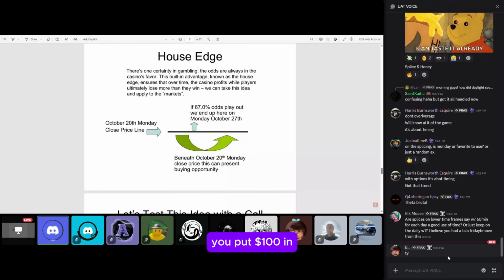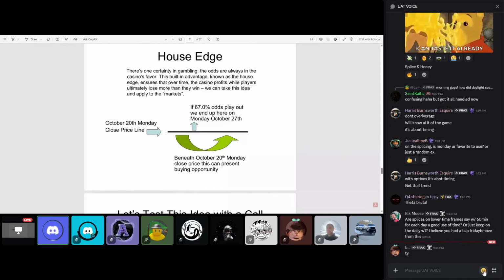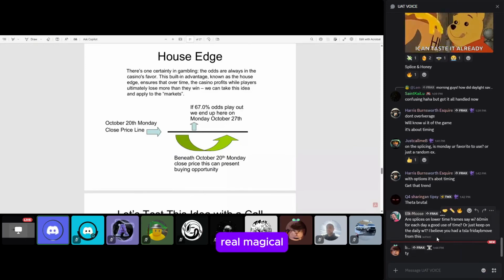So you put $100 in, it's 11,000 out. Friday can be real magical. And it's all up to whatever you're doing, depending upon how much premium is in it. But yeah, Monday, Friday is good. Those days can be pretty good.